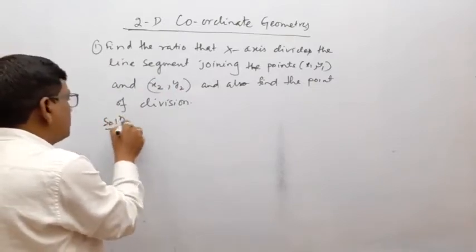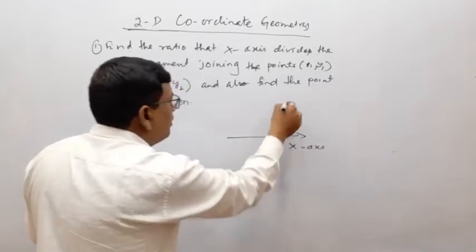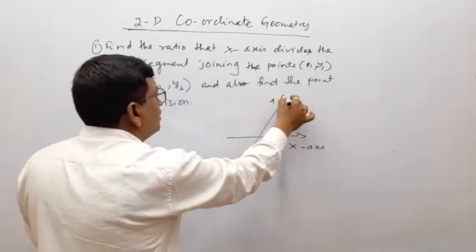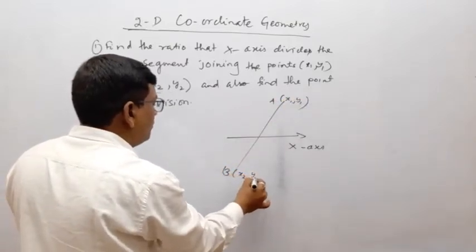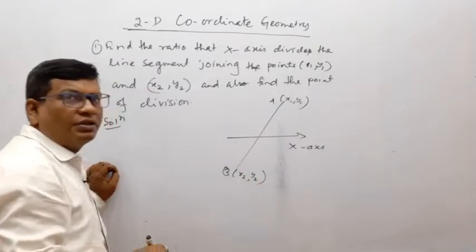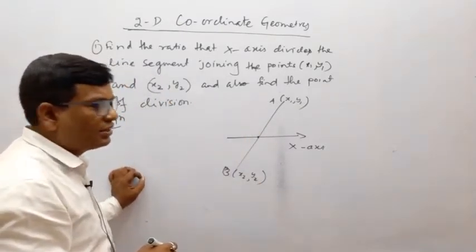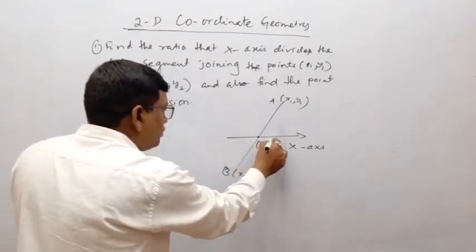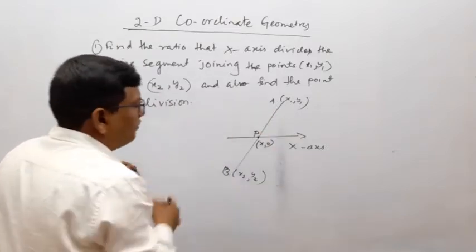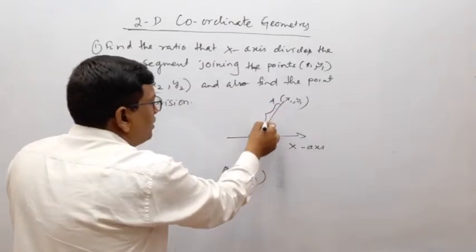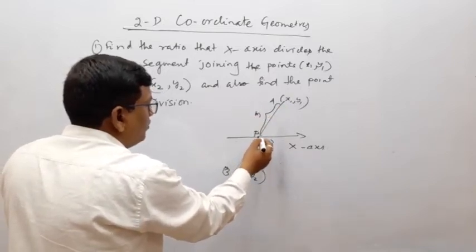Solution: suppose this is the x-axis, and the points are A of x1 y1 and B of x2 y2. We know any point on the x-axis is x comma 0. Suppose this is point P, let this part be equal to m and this part equal to n.